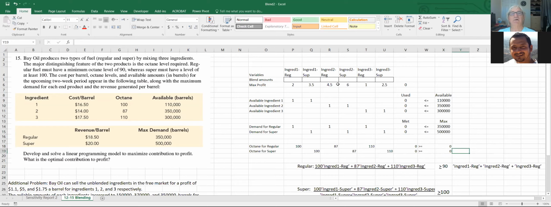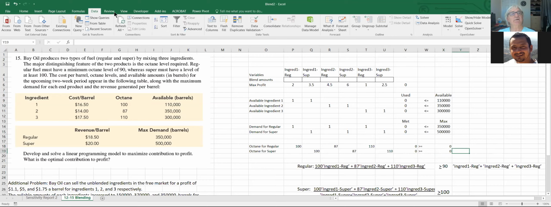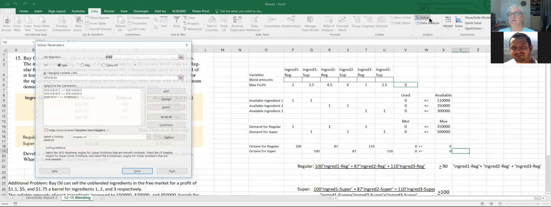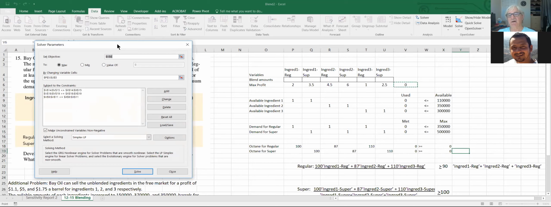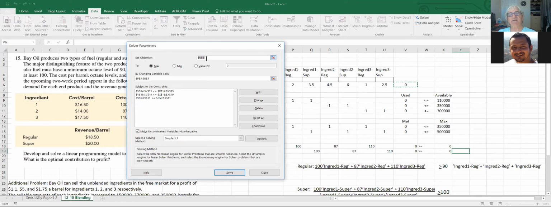So we go to data here and go to solver. The model is already in, so let me just make sure that you see that it's already in. V6 is our objective.